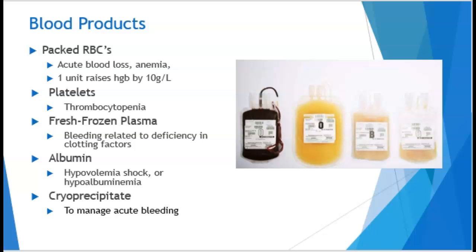So the contraindications for blood products are around your immune system. So that's why blood products need to be cross-matched from your donor to your type, to make sure that you don't have an immune reaction that causes the body to destroy the blood cells.